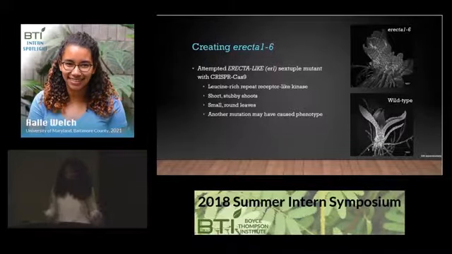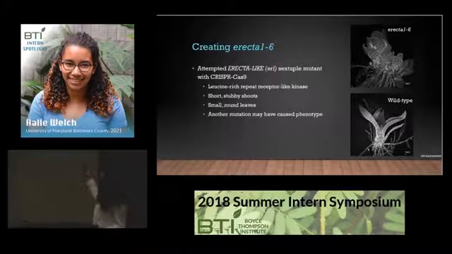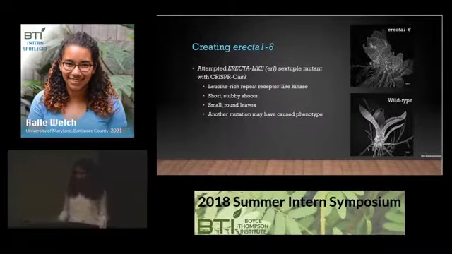So, as you can see in this image, the mutant is much shorter and has very round leaves that stick straight up, whereas in wild type they're very long and they branch out, which we will consider. Right now we want to know why that's happening, but another mutation could be causing this phenotype. Because when we mutated all of these genes, they were close to other genes that could have also been altered and caused this.